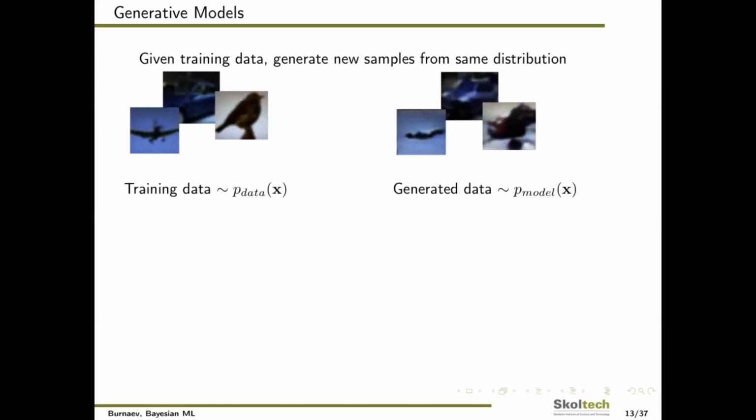So we say that we have some training data generated from the data distribution, the original distribution. Then we train a model to have this distribution close to the initial data. And if we have the distribution, as you have seen during the course, we can use it to generate something. So we can generate new data based on the distribution.